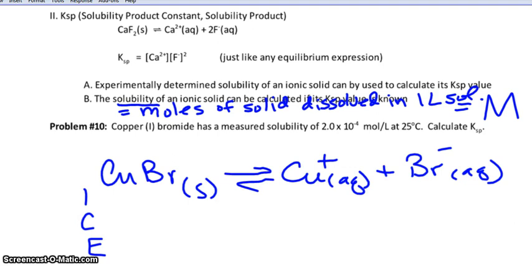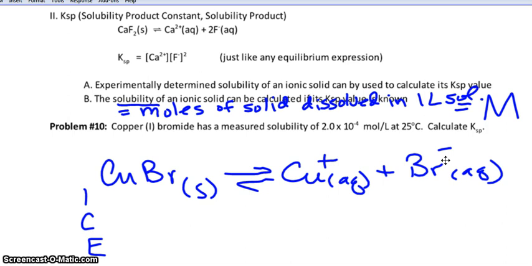Well, hopefully you got this far where you dissolve the copper 1 bromide into its ions, and notice that their coefficients are 1 and 1. Look at your formula, and that's how you dissolve it. Now to finish off the ice table, at least to start it, what is the initial concentration of copper 1 bromide? And that's a funny question. Can you have an initial concentration of copper 1 bromide?